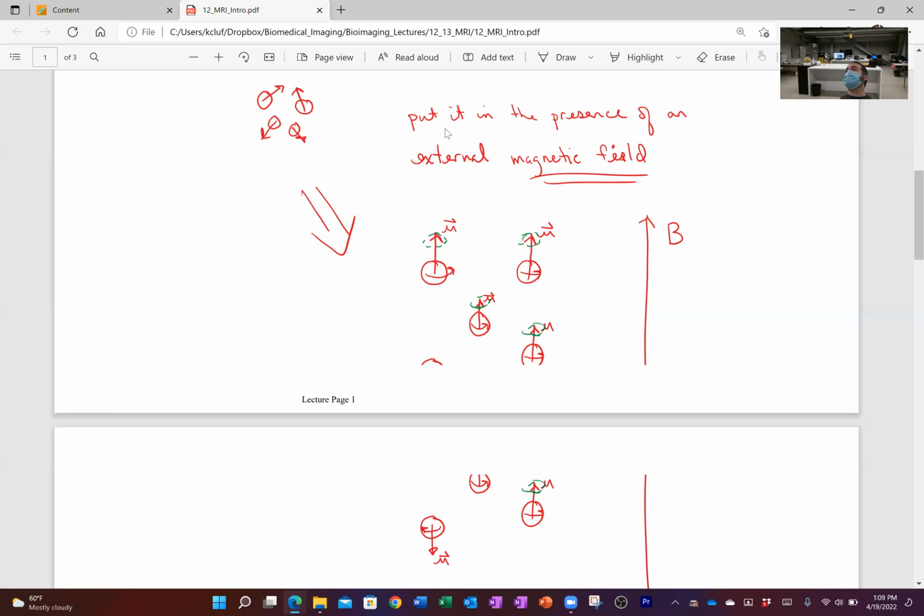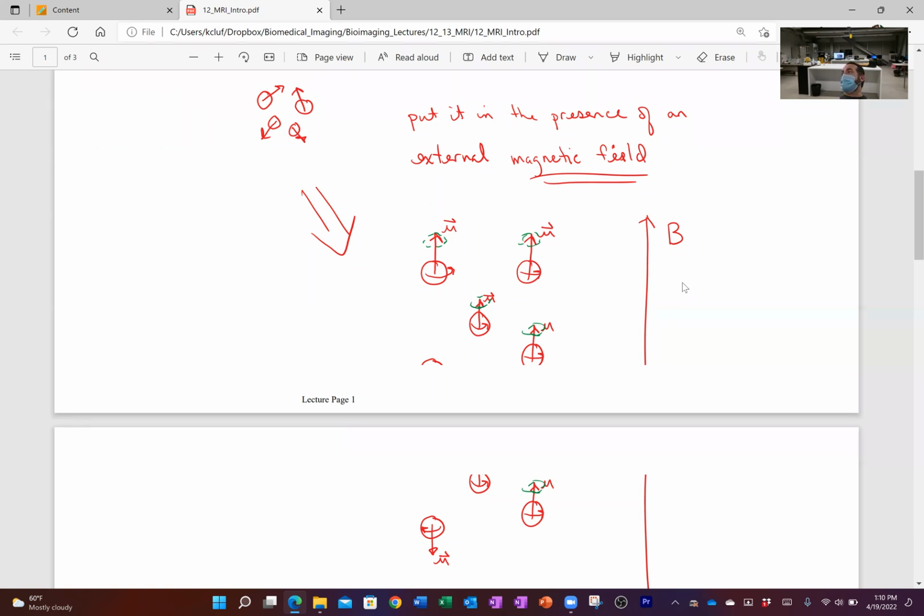But if you put these in the presence of an external magnetic field, which we call a B field, a strong one, guess what happens? The magnetic moments of all the hydrogen atoms will align with the field, the magnetic moment of the external B field.